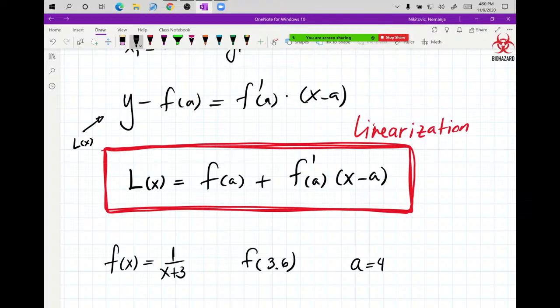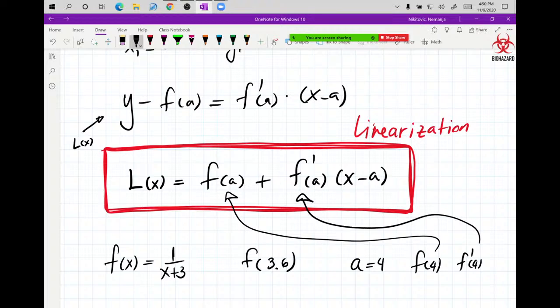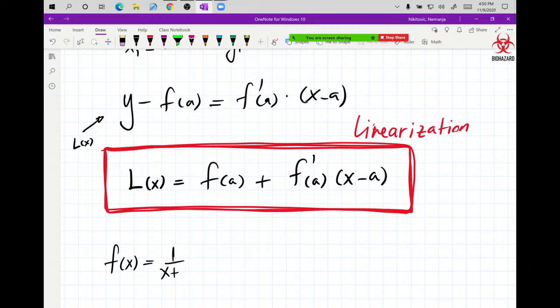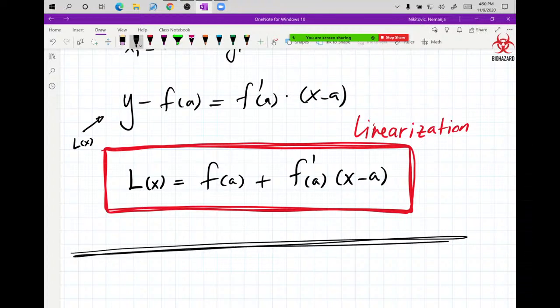You have your f of 4, and that's going to go there. You have your f prime of 4, that's going to go here, and you're going to have your x minus 4, which is this parenthesis here. It's instant. As soon as you pick this, these three parts go into the formula, and you're done. These problems, when you practice, shouldn't take longer than 2-3 minutes each. It's a really quick thing. So I hope you guys will try that on the homework. And then if you have questions and problems with it, you will stop by and ask.